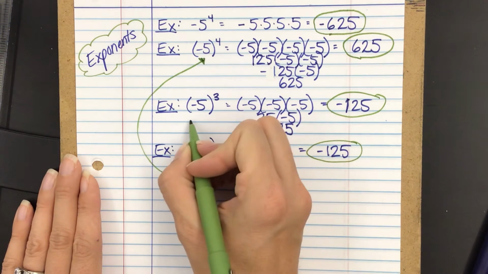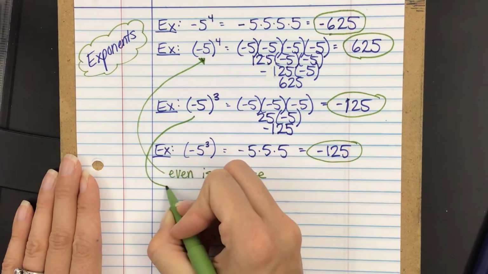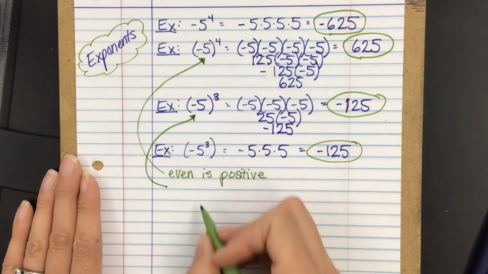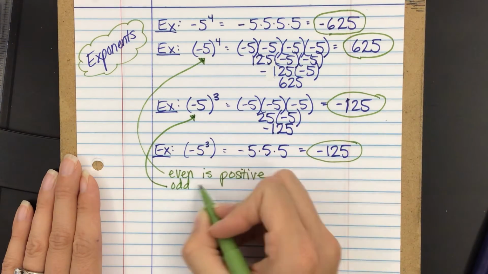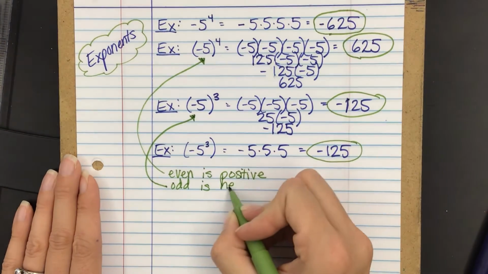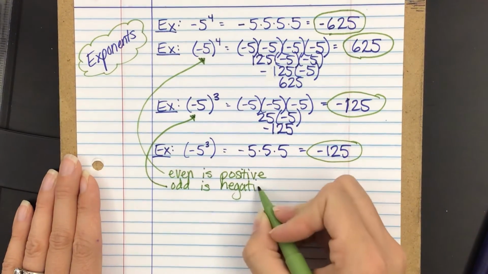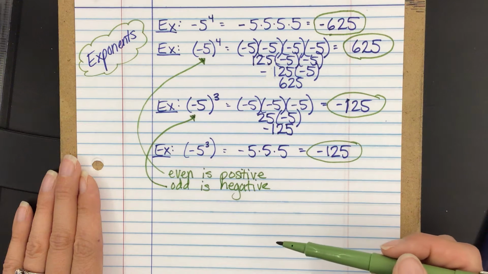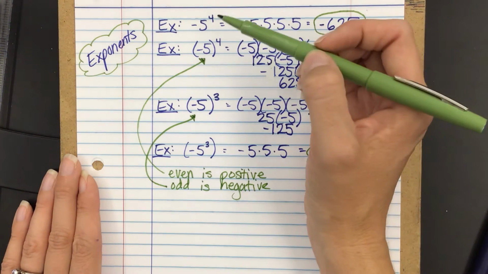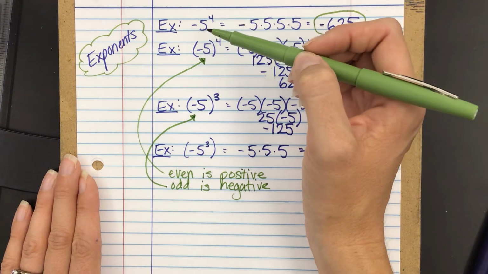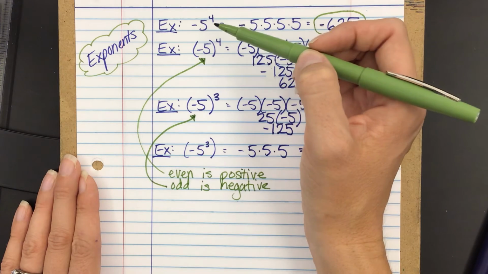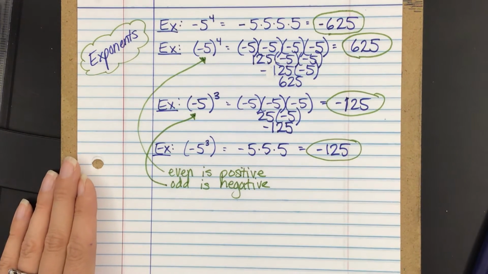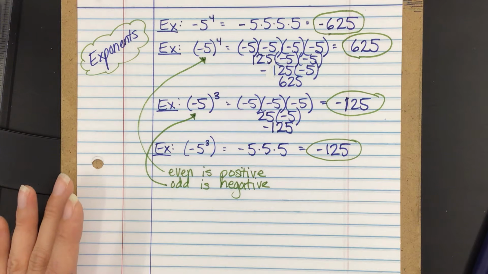And then with this one, with the odd exponent here, is negative. Of course, that only applies when there's parentheses there. Okay. With no parentheses, you just apply the exponent, and then you know that the solution will be negative. Okay.